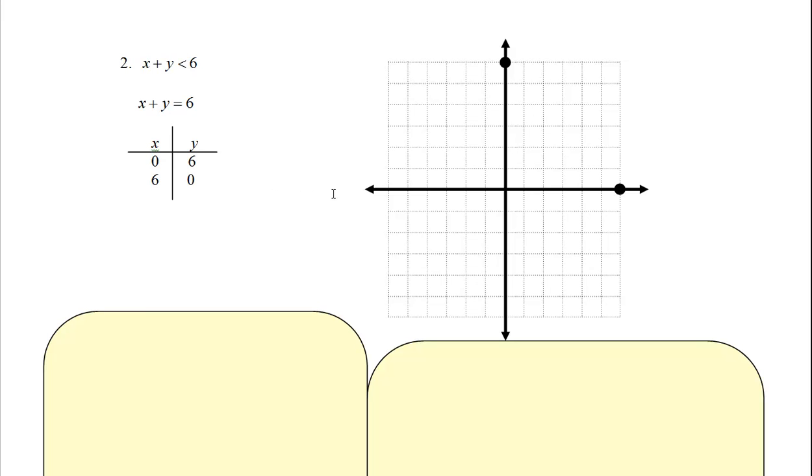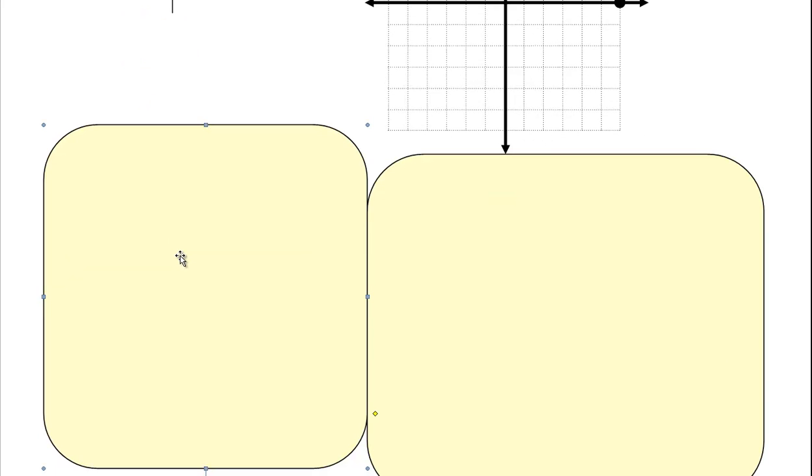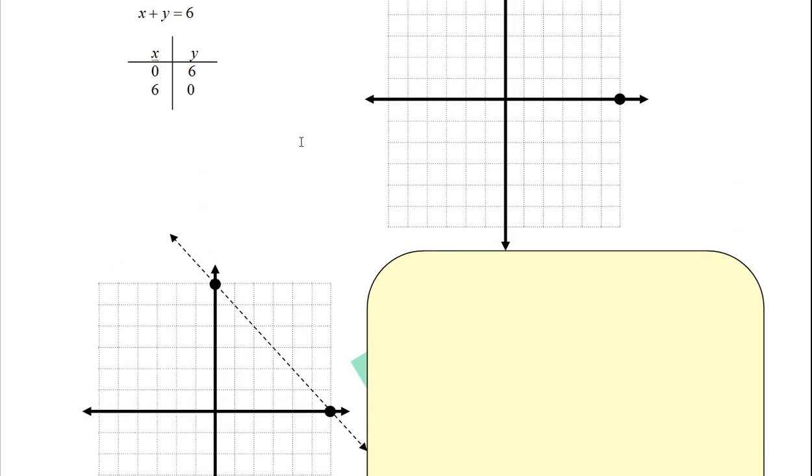So now you have to make a decision. How are you going to connect those points? Look back here. If it does not have an or equal, remember, use a dashed line. Now, try the origin as a check.